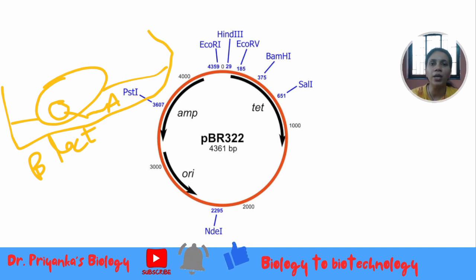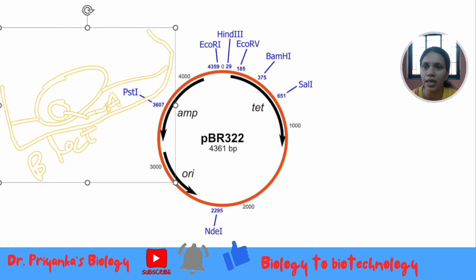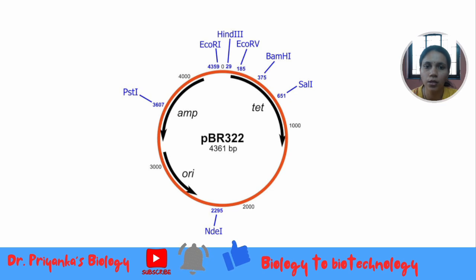Now suppose we have carried out successful transformation using pBR322 as our vector. Only those E. coli which have successfully taken up the plasmid will be ampicillin resistant and tetracycline resistant.